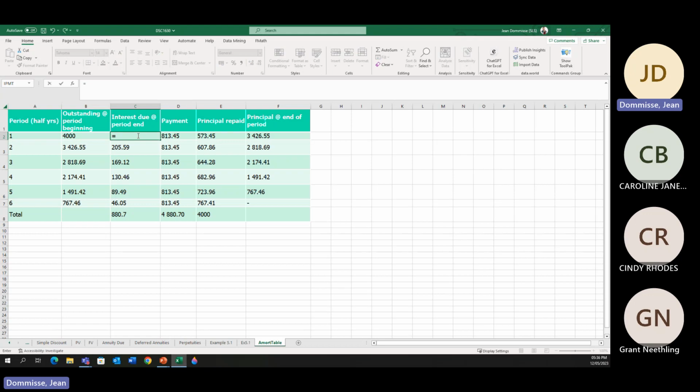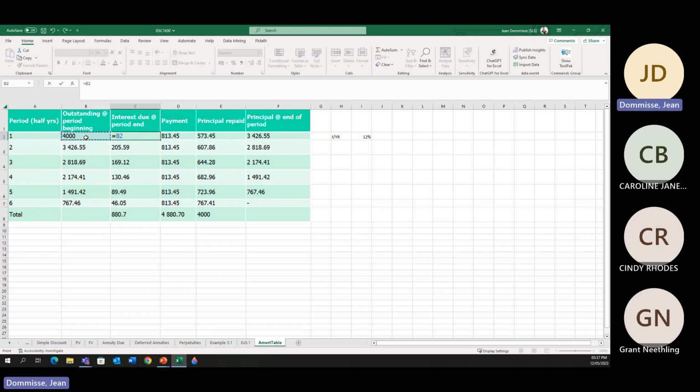It is your original 4,000 Rand times your interest rate, 12%, so that you can just change some of the numbers, and the information is already built into it.